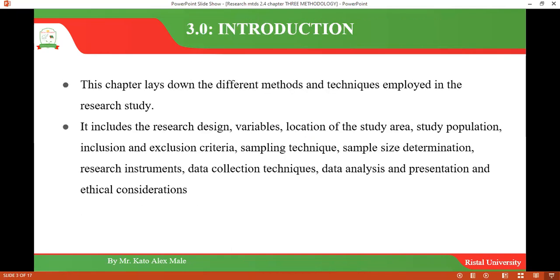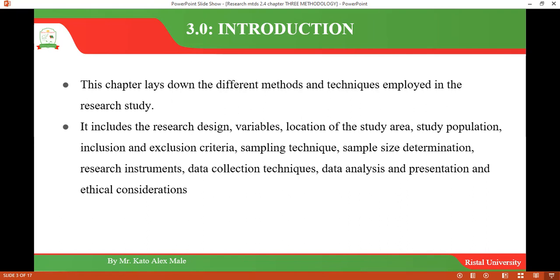Without wasting time, we get to the introduction. This is how you arrange your work, and this is the order you arrange it in your research proposal. This chapter lays down the different methods and techniques employed in the research study. It lays down the steps that you're going to be looking at. It includes the research design, the variables, location of the study area, and the study population.